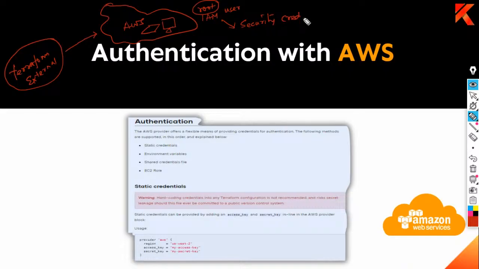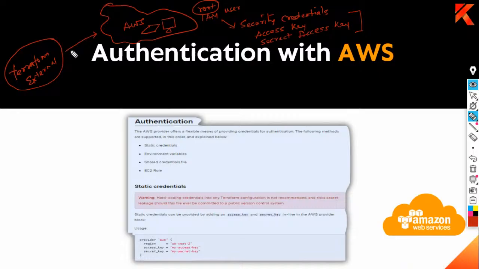Remember that during the AWS Cloud sessions, I told you about the access key. You create your IAM user, and you have to create your access key and secret access key. This is the password. This combination is a security credential.